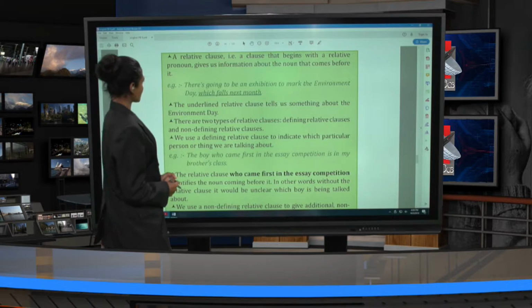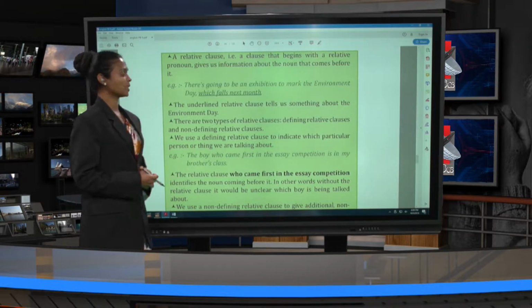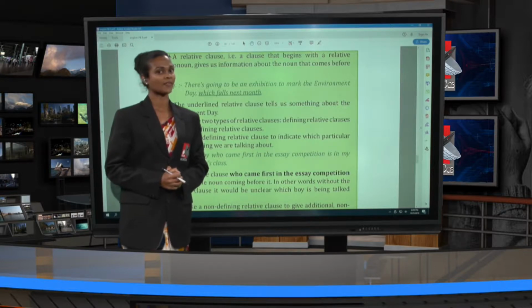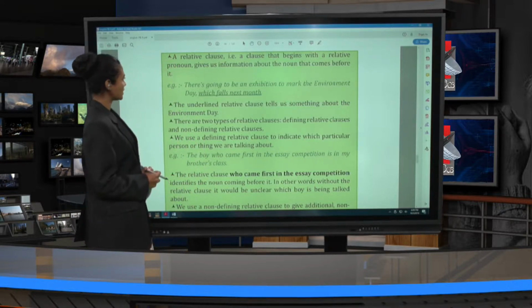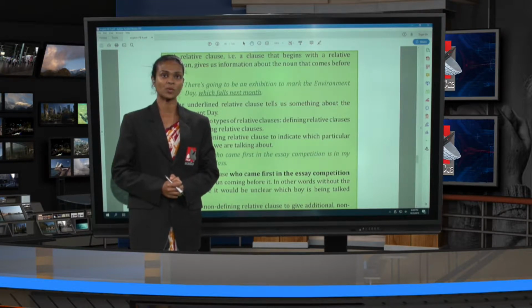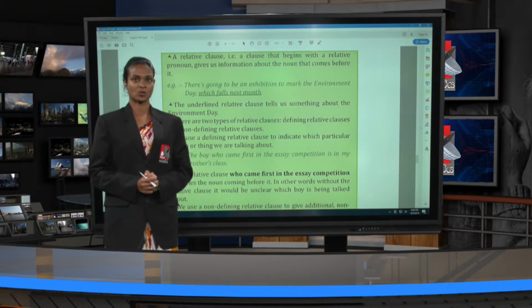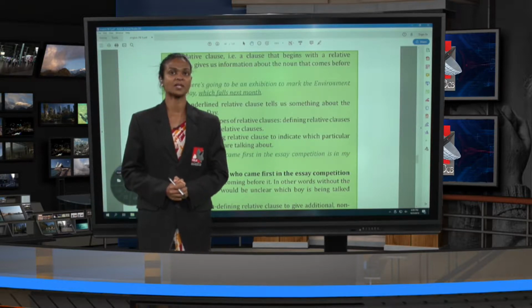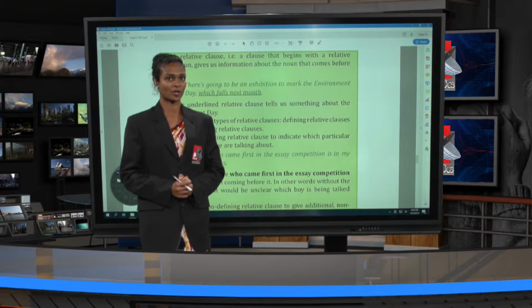Right. There is a definition in your pupil's book, page number 86. At the top of the page, a definition is given for a relative clause. Read it well. A relative clause is what? A clause that begins with a relative pronoun.